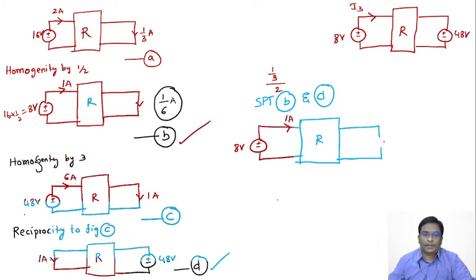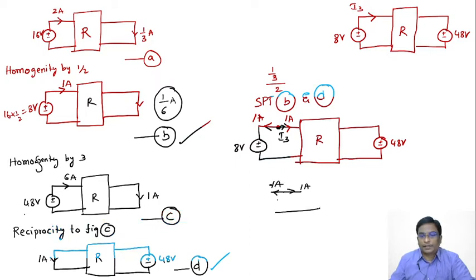If I apply 48 volts from this side, the current flowing here is 1 ampere. Then what is this current I3 in this direction? This current is 1 ampere in this direction, and in the other direction 1 ampere is flowing.